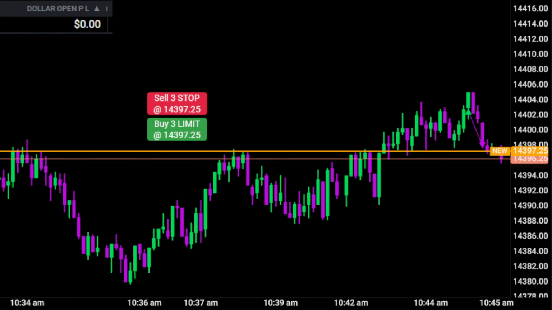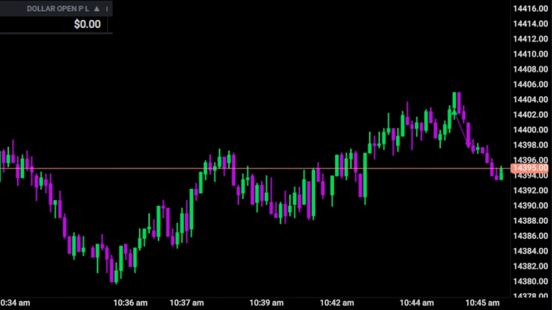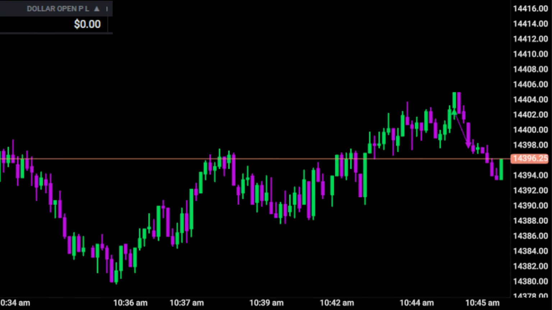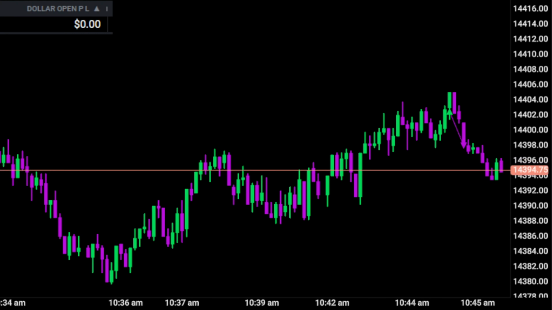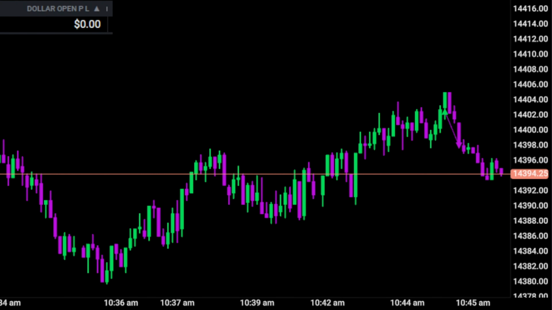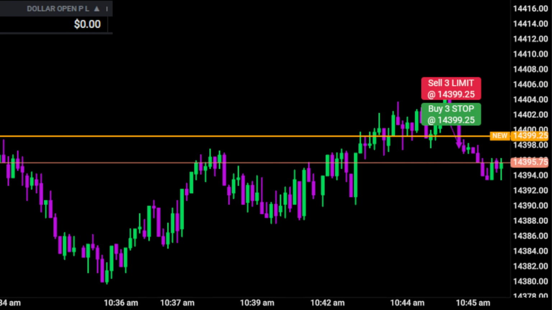Holding above this previous support turned into resistance. Can it act as support again? Looks like it's failing on the first attempt, but it's coming back up. Might try to get an entry on the long somewhere around here if we come back up.